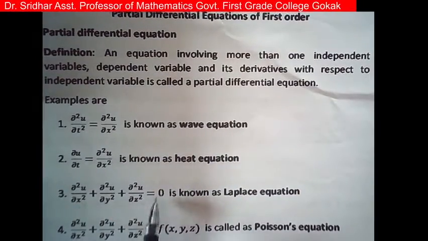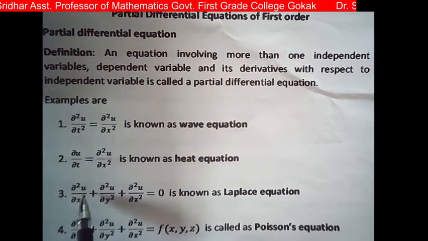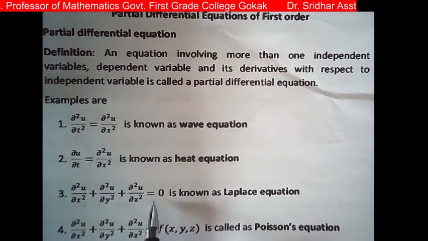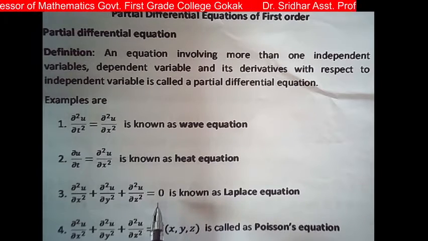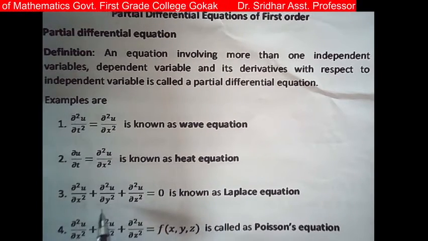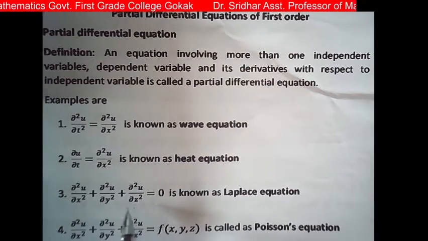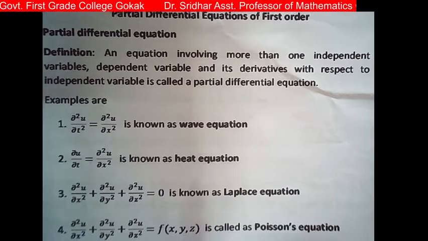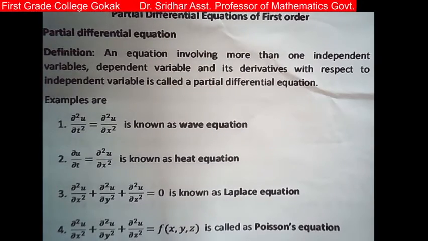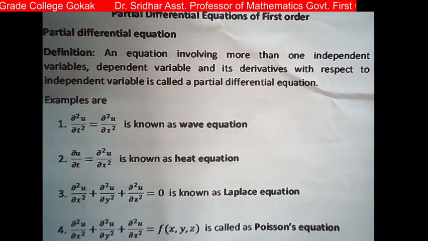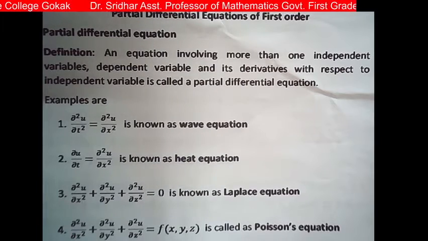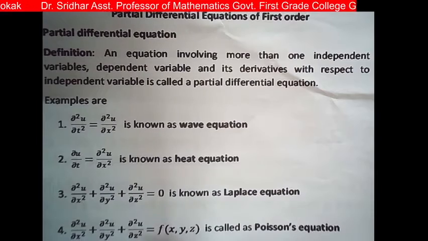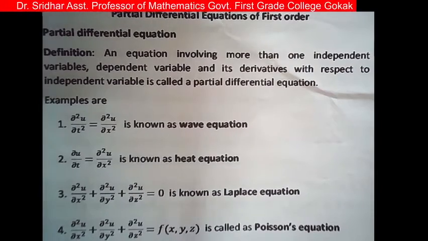Next, take the third one here. It is dou square u by dou x square plus dou square u by dou y square plus dou square u by dou z square equal to 0. In this again, there are three independent variables, x, y and z. Similarly, in the last example there are also three independent variables, x, y, z, and one dependent variable, and derivatives with respect to the independent variables.